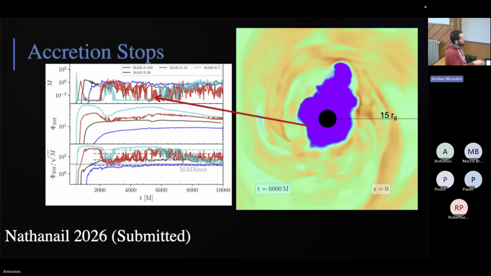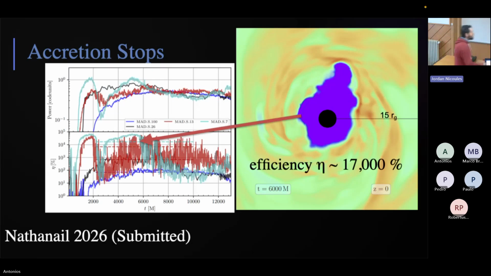And now in the last panel here, which is the normalized magnetic flux, this gray line is the MAD limit, which usually is 50 in certain, let's say, values, but these solutions go to more than 1000 in the normalized magnetic flux. So you are almost a factor of 100 higher than the typical MAD models. And now if you calculate the efficiency, the efficiency of a MAD is close to 100% and a bit above, you go to more than 10,000% for this time scale.